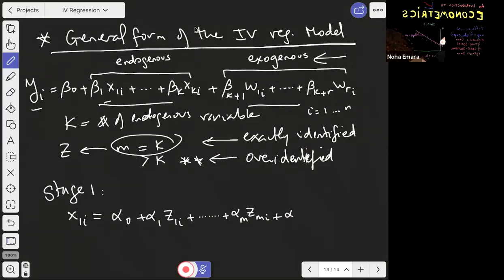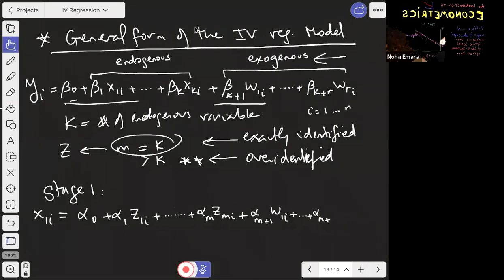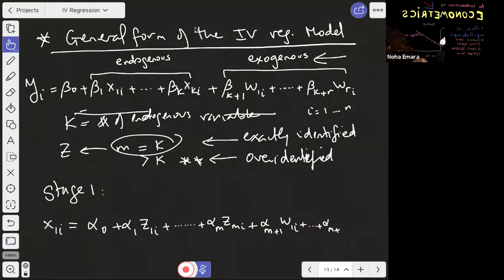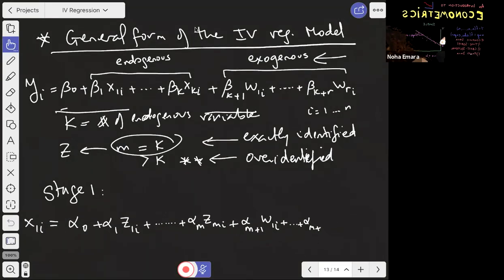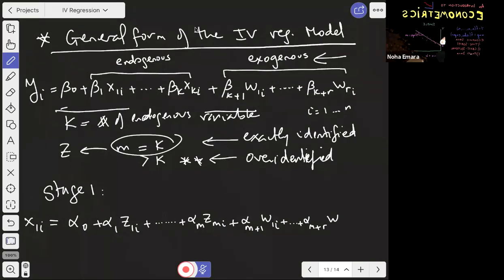So we're going to have alpha m plus 1 w1i, plus all the w's, up to alpha m plus r wri, plus the error term vi. Okay, so this is our first regression.